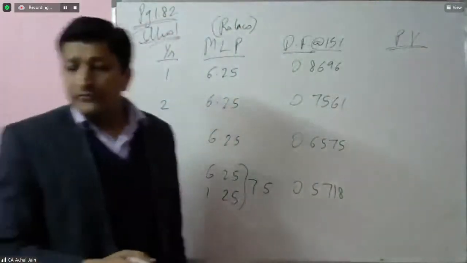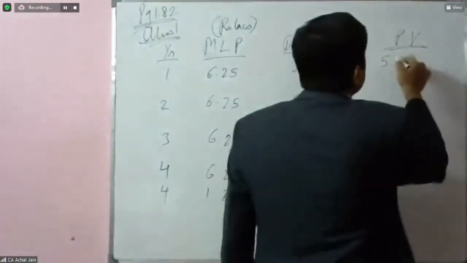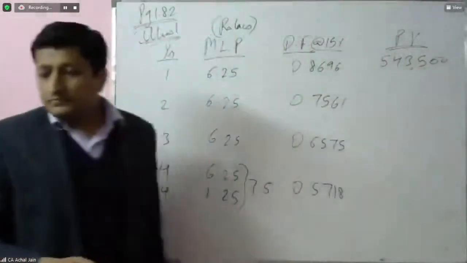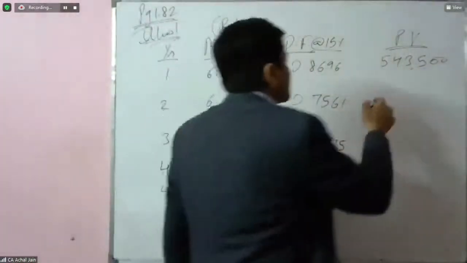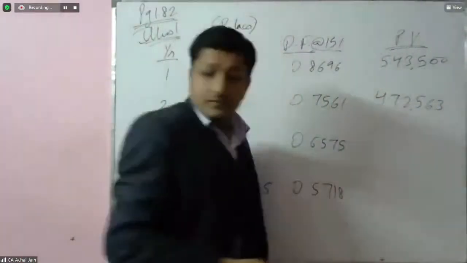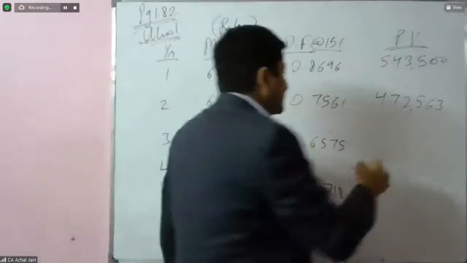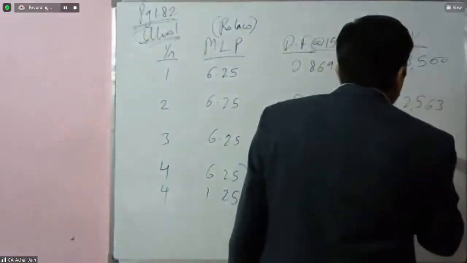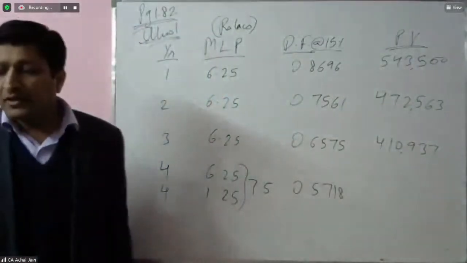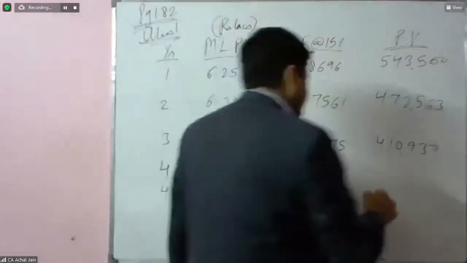So this is 543,500. 472,563. 410,937. Then we have 4,28,850.